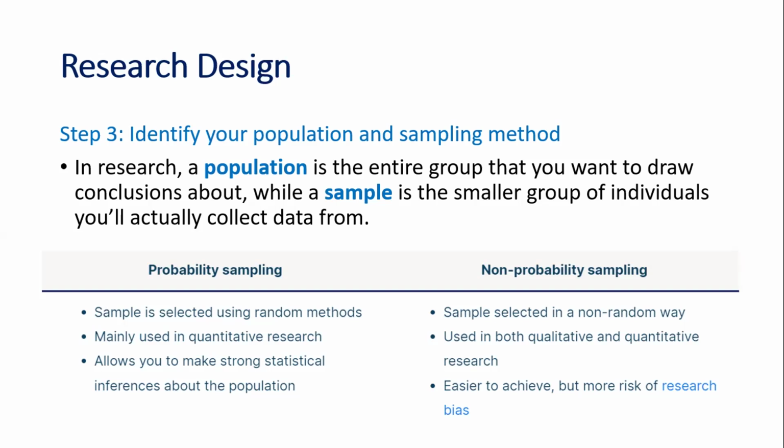For example, visitors to a website that doesn't require users to create an account would be non-probability sampling, because you don't know where the visitors are coming from. Let's say the data for your research is collected from your website, and people log in there and fill in some forms.